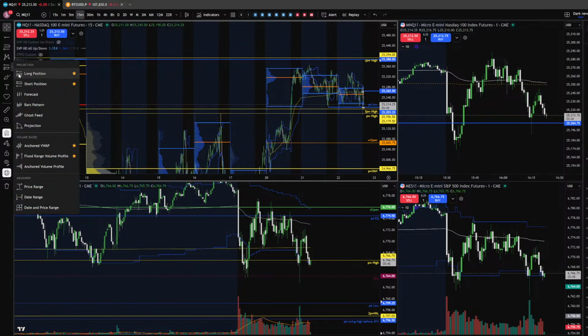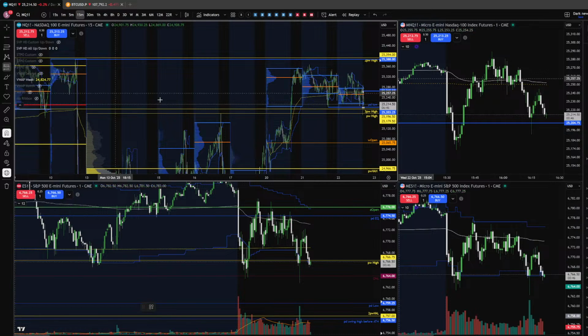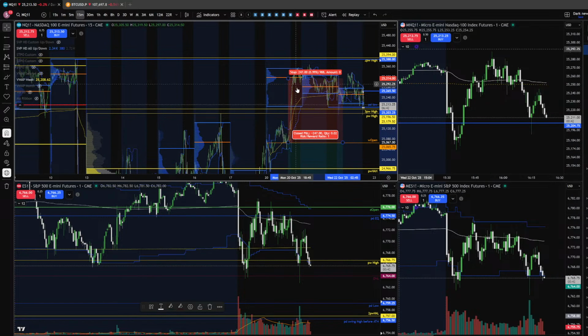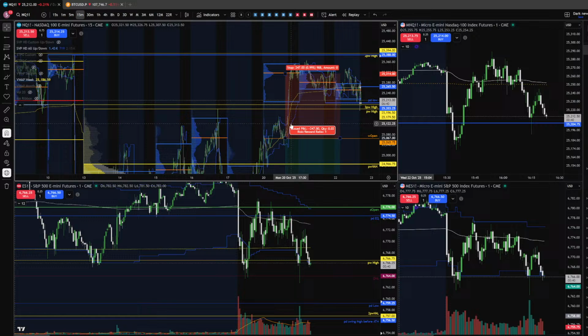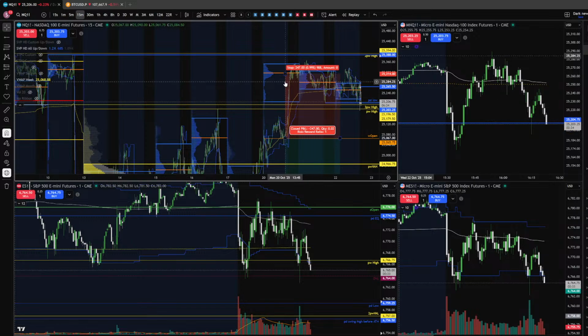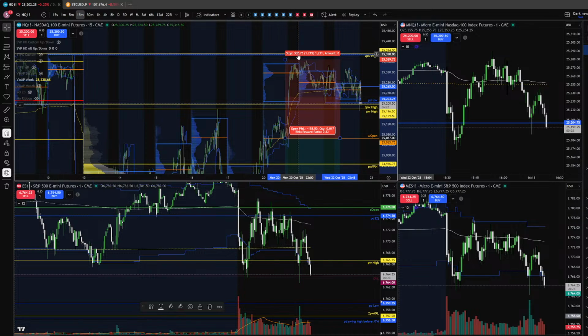Okay? So let's say you entered short down here before this pump. You got a pretty bad trade, but this can happen. If this happens, you entered short at the top of the move, you would have been down 300 points.